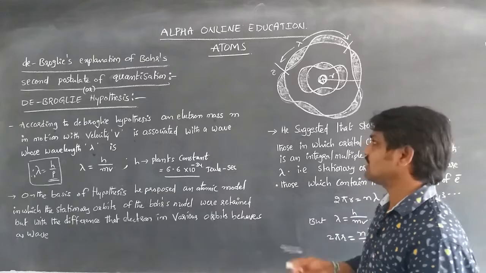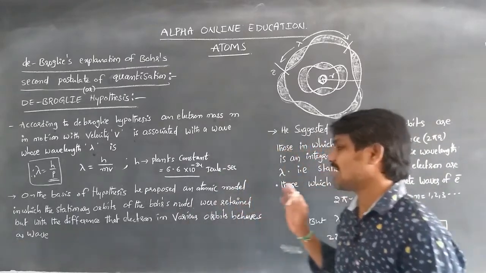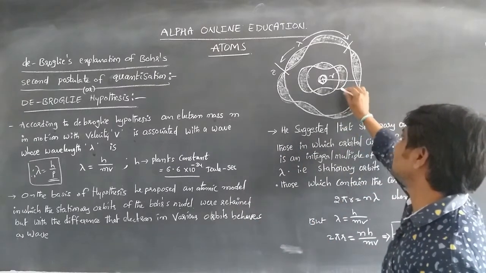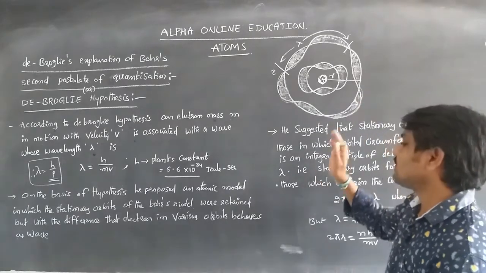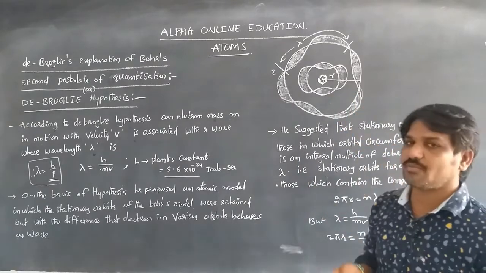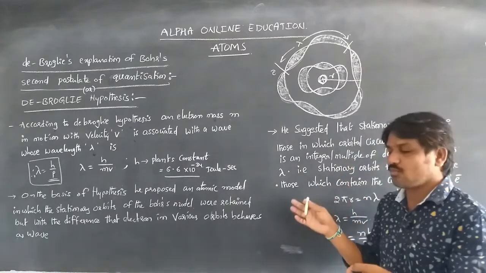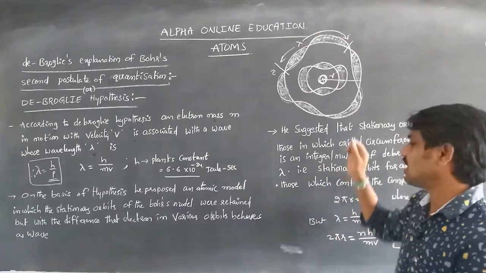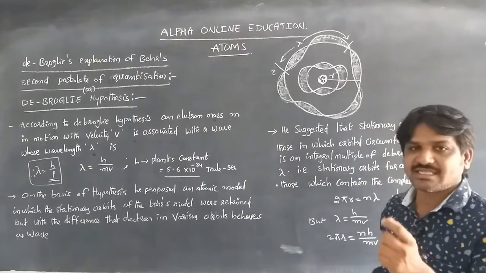So the Bohr's model was retained, but with the difference that the electron in various orbits behaves as a wave.